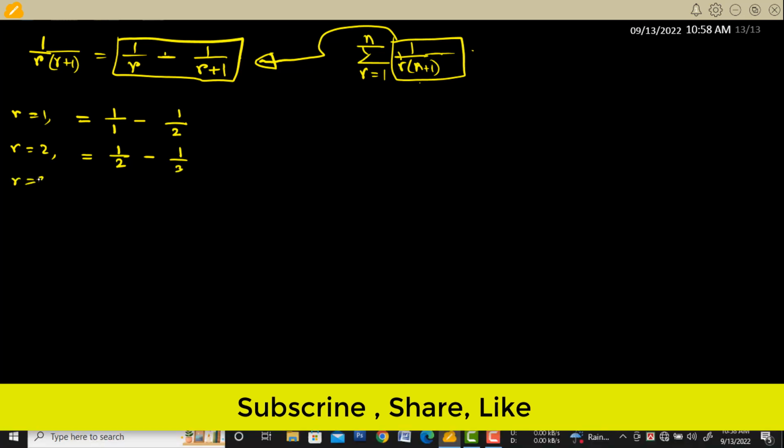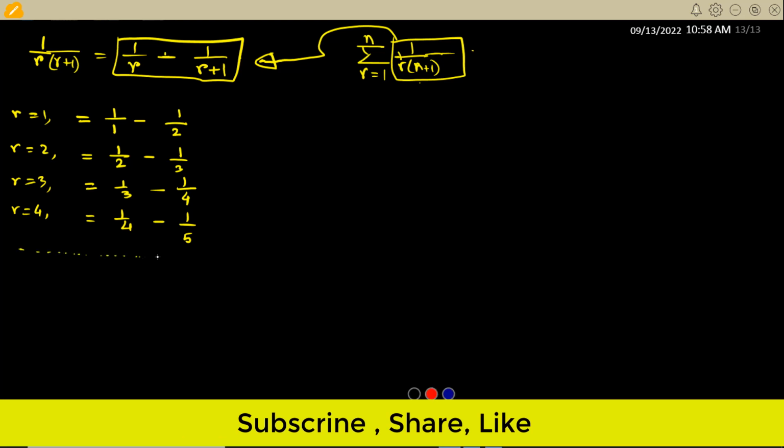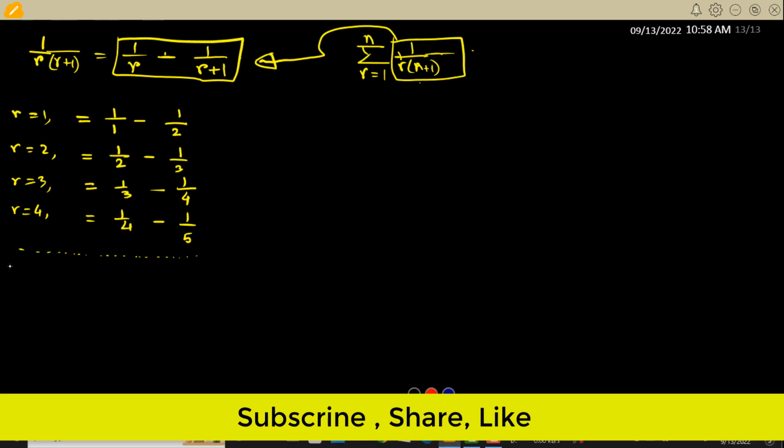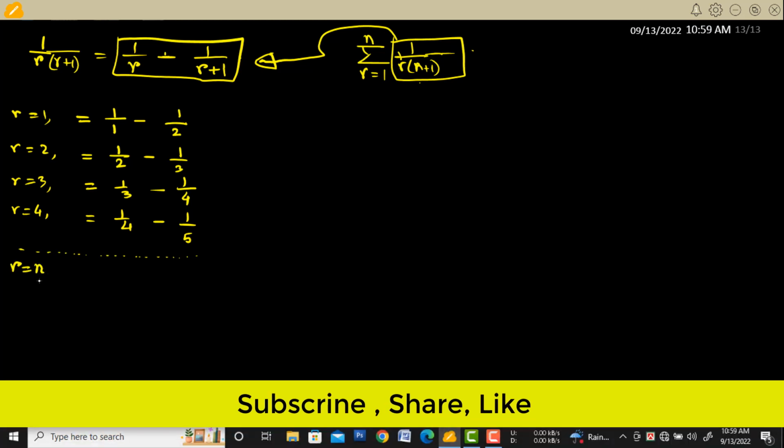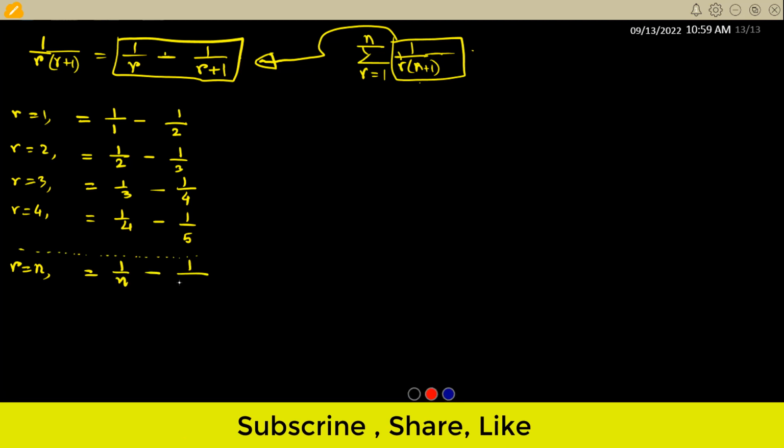When r equals 3, it will be 1 by 3 minus 1 by (3 plus 1), that is 4. When r equals 4, we will get 1 by 4 minus 1 by (4 plus 1), that is 5. If we go on this way, when r equals n, it will be 1 by n minus 1 by (n plus 1).